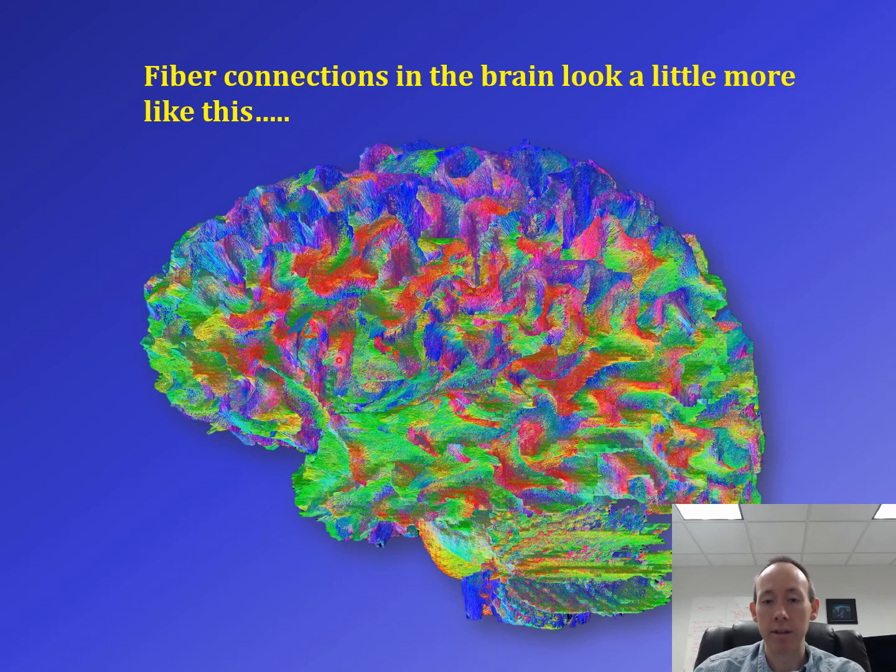Even with all the complexity of this image, there's still a lot more going on in the brain than this will show. The colors are just denoting direction. Green primarily means front to back, anterior to posterior, blue is superior, inferior, and red is left and right, or in and out of the screen in this case.